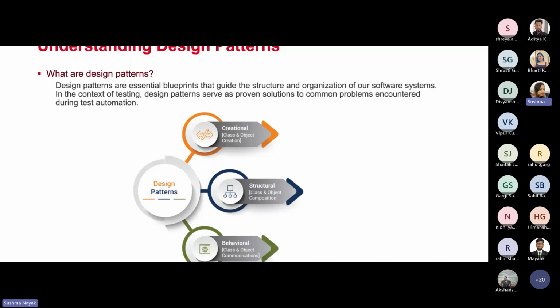It's almost the same. We are creating some skeleton, or some structures are already there in the market with some names. Whenever we are designing our framework, we can take any of those patterns and implement them in our framework. Why are we implementing it? To make it more reliable and more flexible, so that reusability and everything can be achieved.